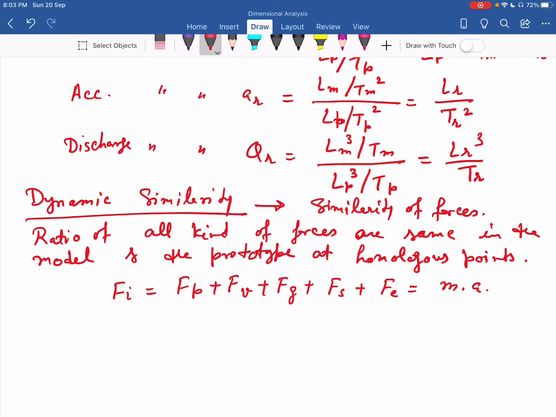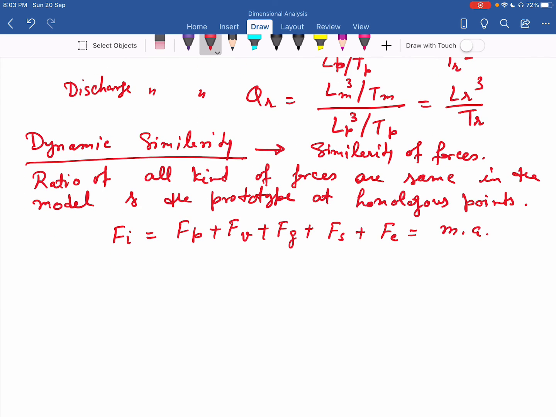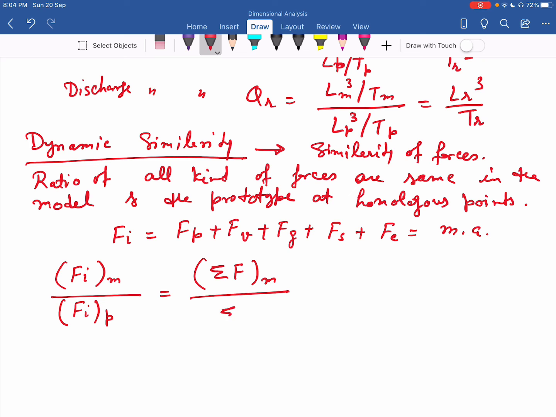Okay, so that is dynamic similarity. Now the ratios of forces. So you can write Fi for model is equal to Fi for prototype, which should be equal to the sum of all these forces for model, sum of all these forces for prototype. Or you can also write it as mass into acceleration for model, mass into acceleration for prototype. Okay. So for complete similarity, the ratio of individual components of forces must also be equal to the ratio of the inertia force.